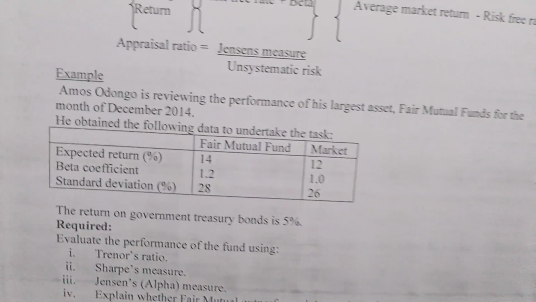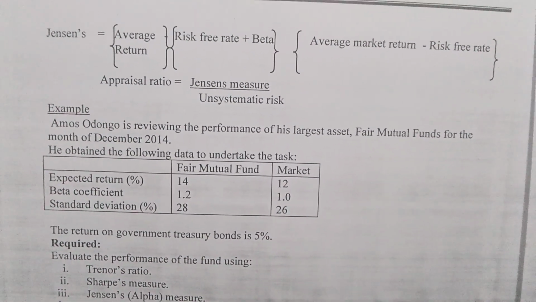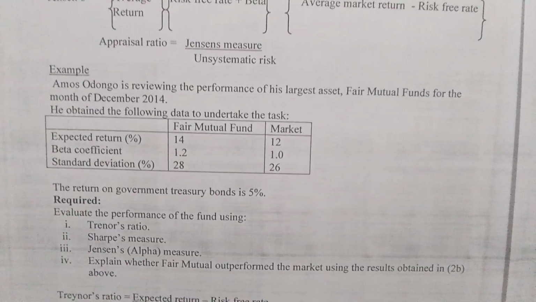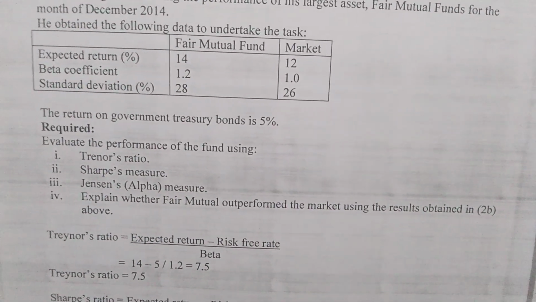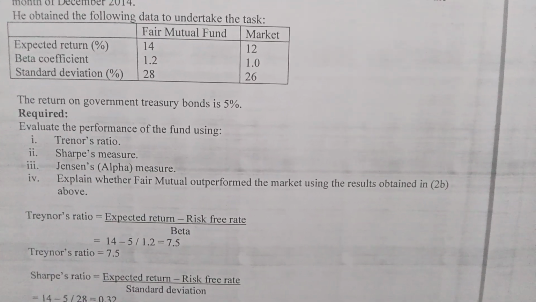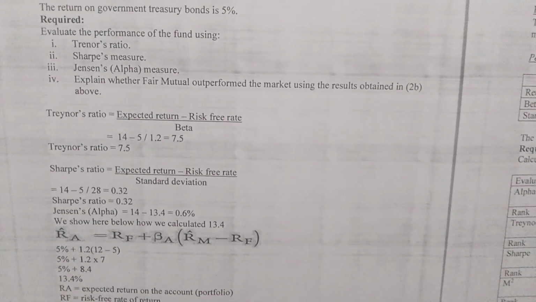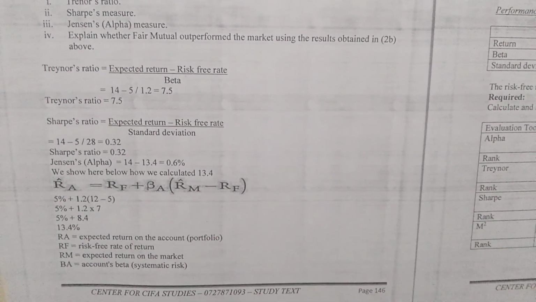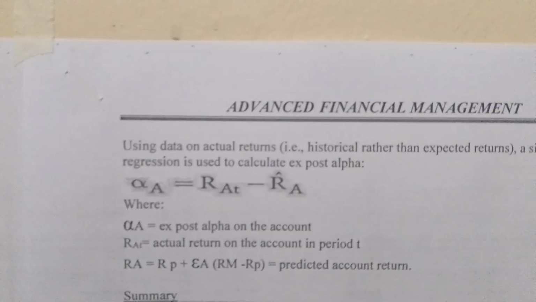You can pick your question from there, where Amos Odongo is, and then the question is to calculate Treynor's ratio, Sharpe's measure, Jensen's alpha, then explain whether Fair Mutual outperformed the market using the results obtained above. So go through, attempt the question. First attempt the question, and then you can check our solution.